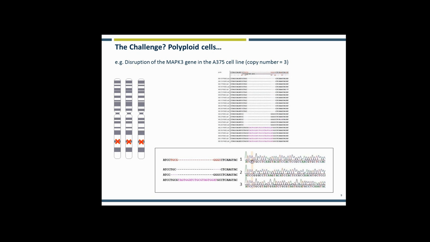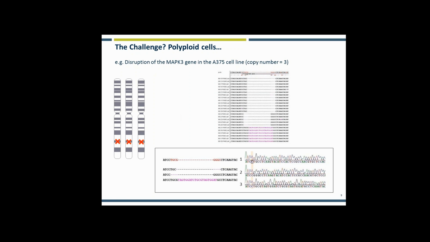It's not possible to simply sequence the target site, as the random nature of NHEJ-based repair means that you'll often get different modifications in each allele. And as a consequence, if you simply sequence the target site, you would get a messy Sanger trace. And you can see an example of that here on this slide, where we've aimed to disrupt the MAPK3 gene in the A375 cell line.